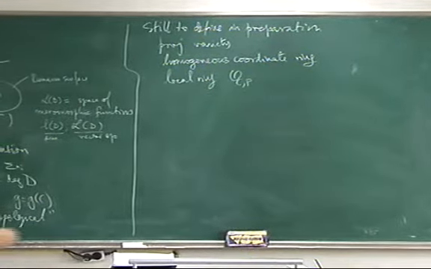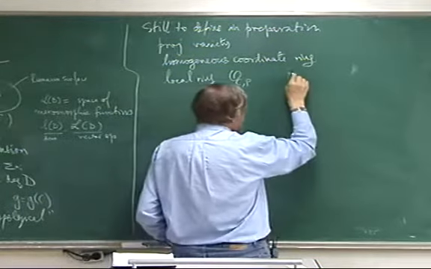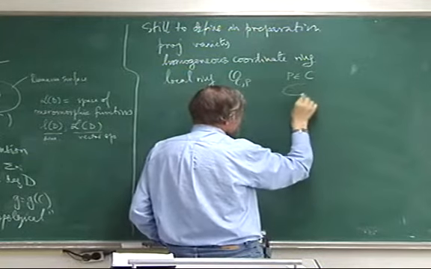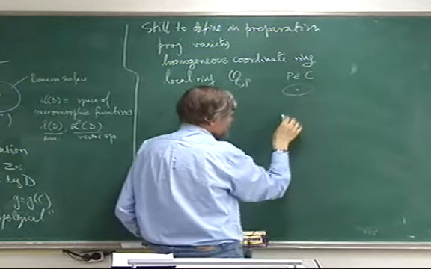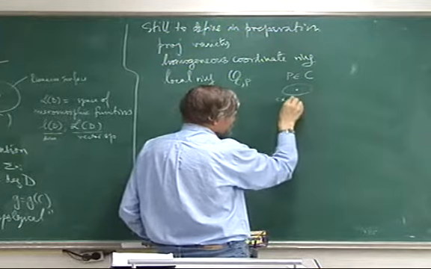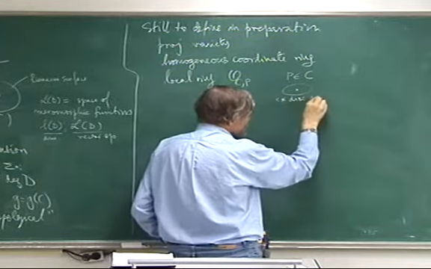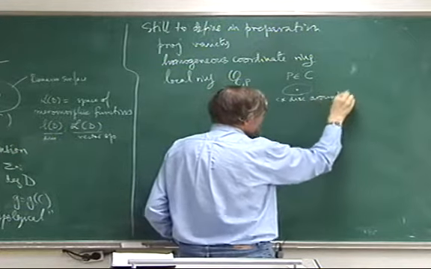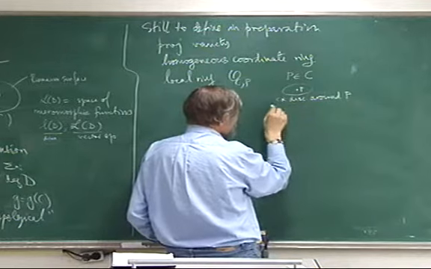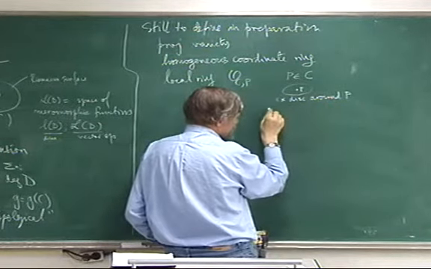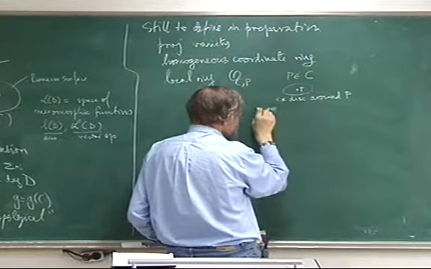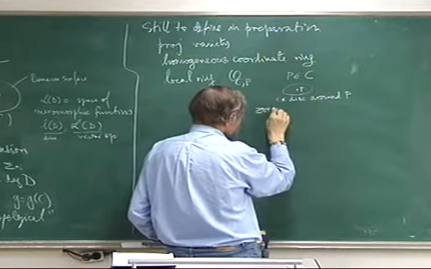So if I take a point P in C, I want to say that a neighbourhood of P in the curve C looks like a complex disk around P, and so I want to say zeros and poles.